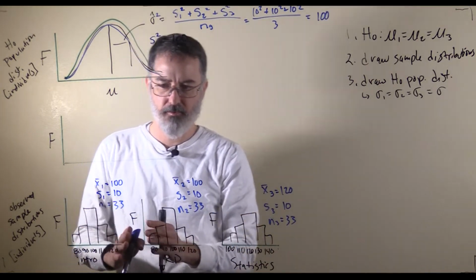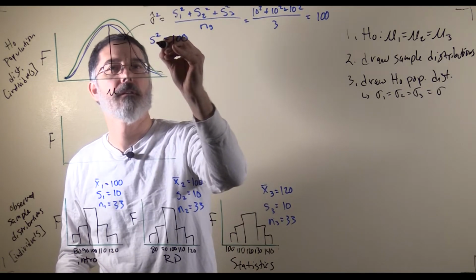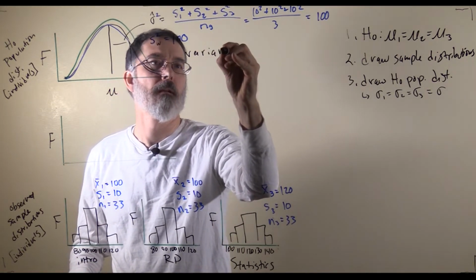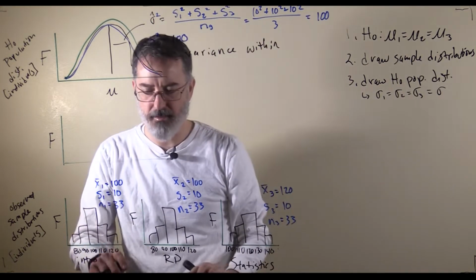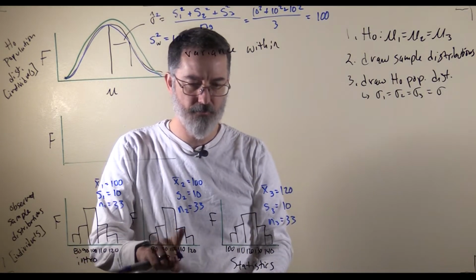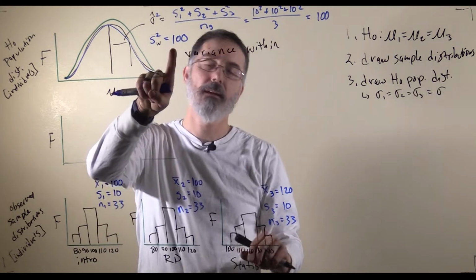For an ANOVA, we actually have more than one variance estimate. And the one that we just created by using the variance of our three different groups is going to be called within. This is going to be the variance within. And it's called within because it's the variance within this group and the variance within this group and the variance within this group that have been pooled together to create a single estimate.